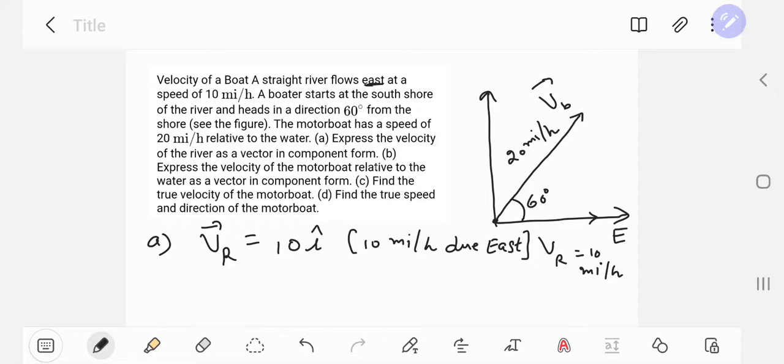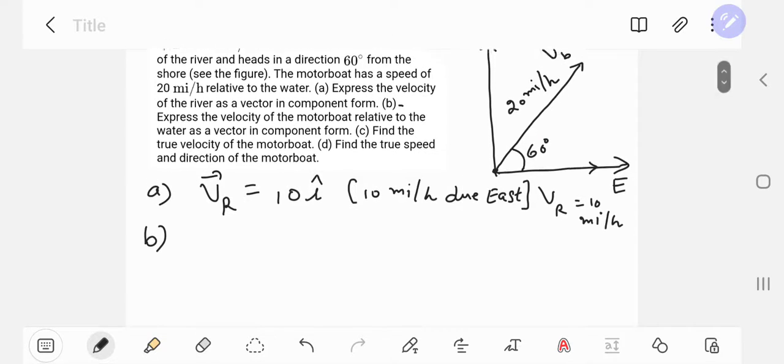The second part, B, is: express the velocity of the motorboat relative to the water as a vector in component form. This is pretty interesting because I have the velocity of the boater, which is at 60 degrees with the direction of the river, right? So that means I have to resolve this into two components.